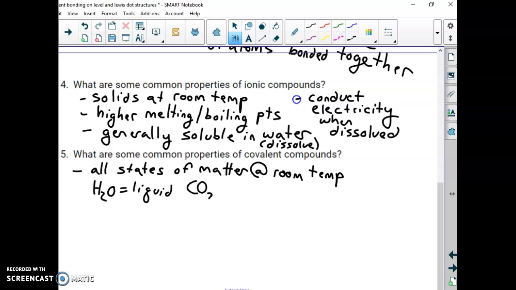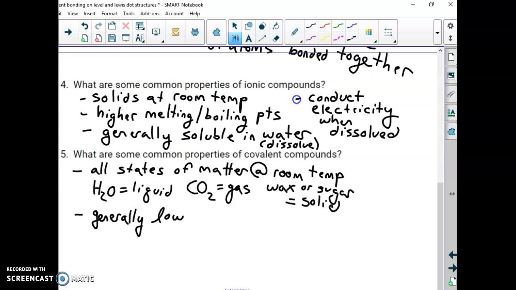Carbon dioxide is a gas, and something maybe like wax or sugar, it really depends on their structure, which we're going to dig more into, but overall we have generally lower melting and boiling points. They're not held together as strongly.